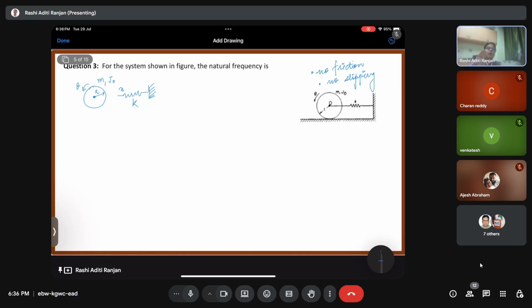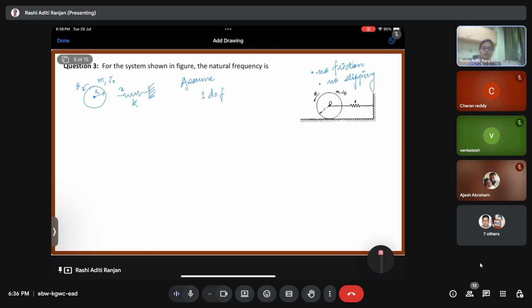Because see, if we want to find the natural frequency, first thing is that we assume, actually we don't have to even assume, okay, assume 1 degree of freedom system. There's only 1 degree of freedom. If there is 1 degree of freedom, there's going to be only one frequency. Okay.